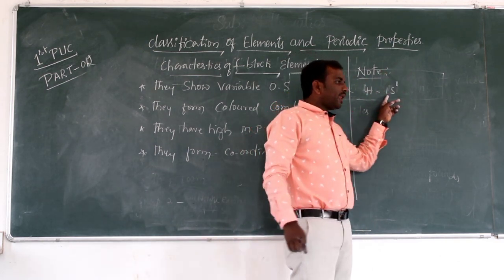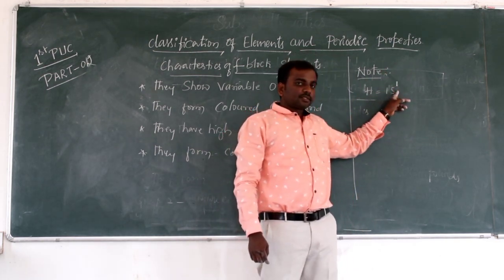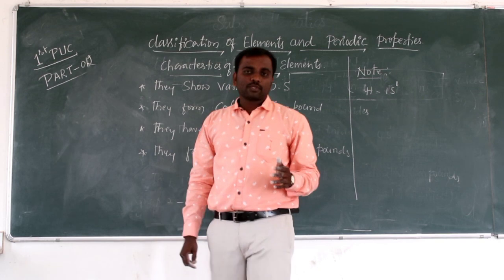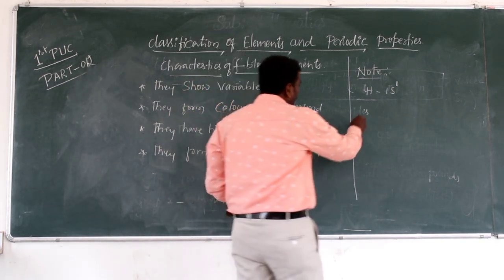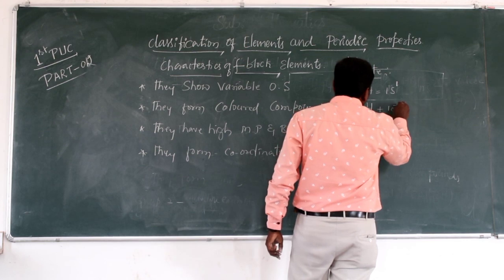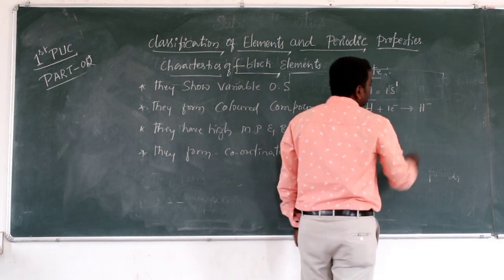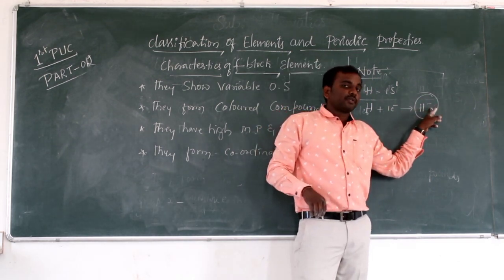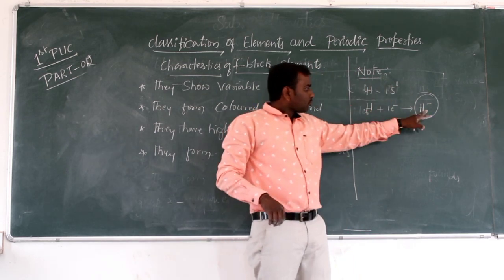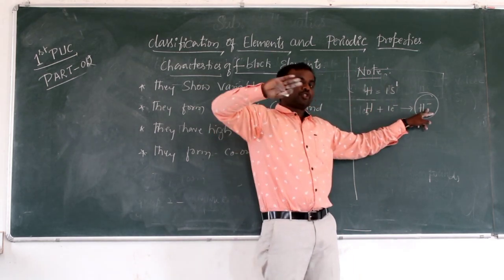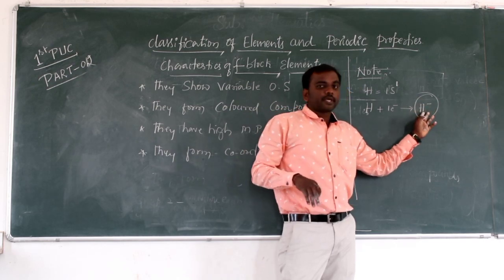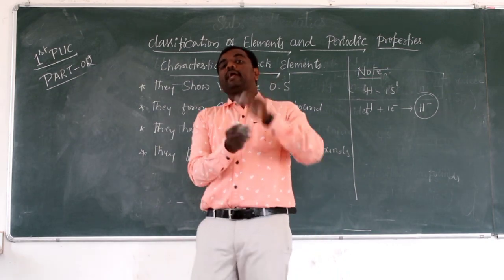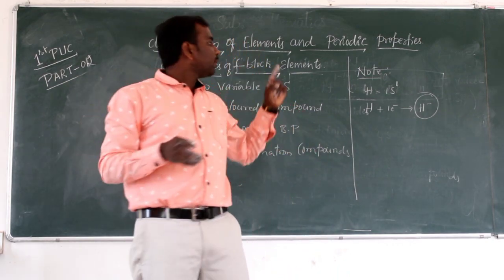This is similar to the halogens because it gains one electron: H plus one electron gives H minus. So hydrogen acts as both alkali metals and halogens. That's why hydrogen is placed separately at the top of the periodic table.